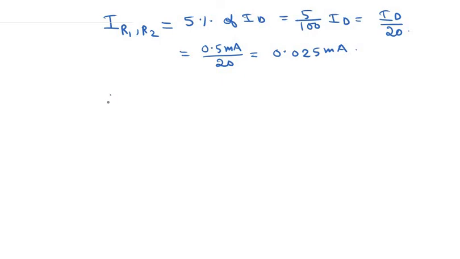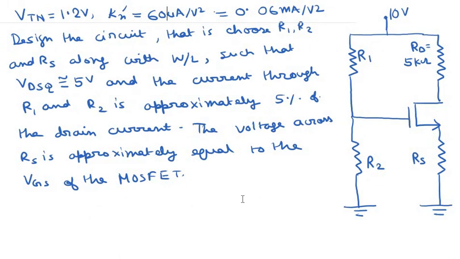Now we also have another equation for this current, which depends on the resistors R1 and R2. Remember that no current flows through the gate in this direction, so the current is only flowing through the resistors R1 and R2.